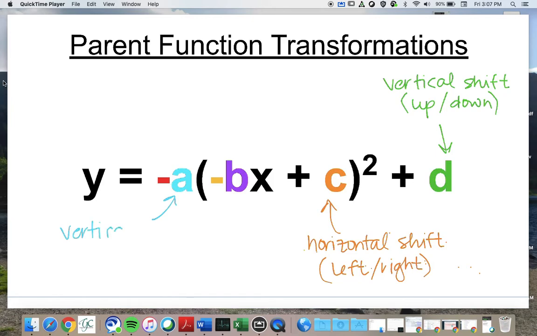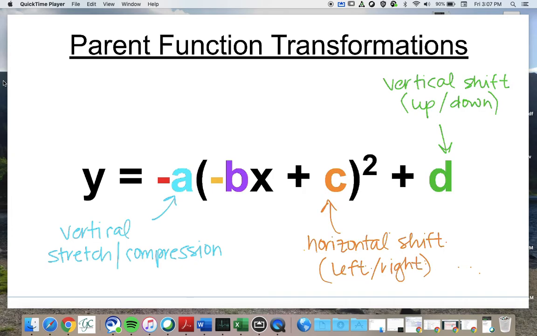And it's vertical because it's away from the x, so that means it's affecting the y values, and the y-axis runs vertically on our graph. So it'll either be a stretch or a compression. You might also hear a compression referred to as a shrink, and they just mean the same thing.